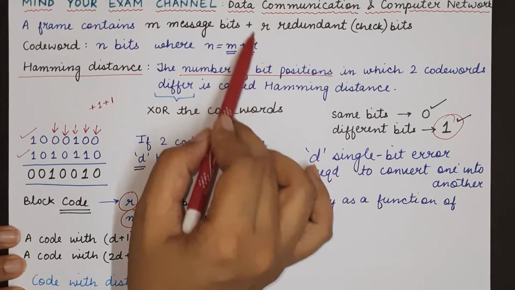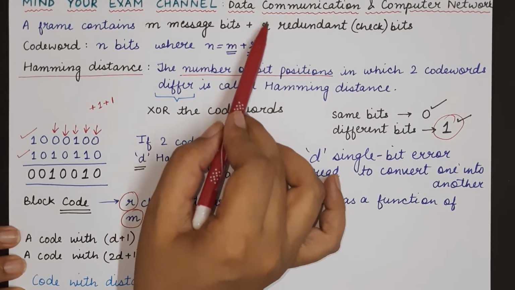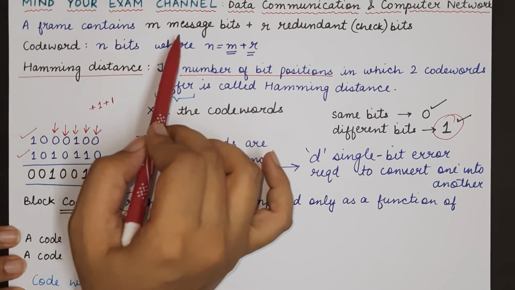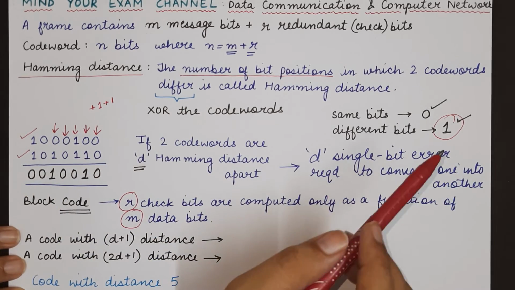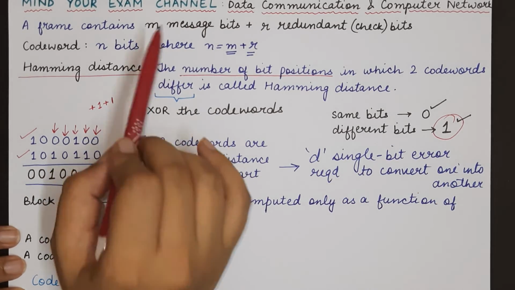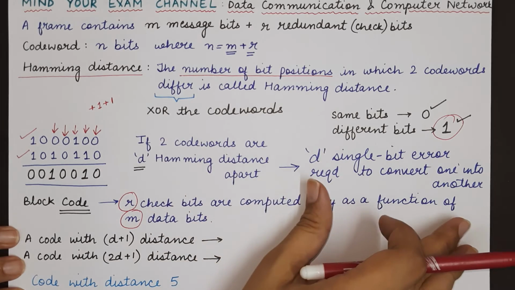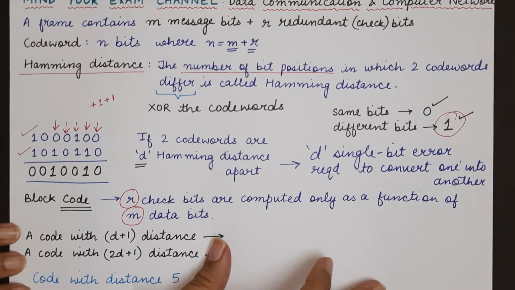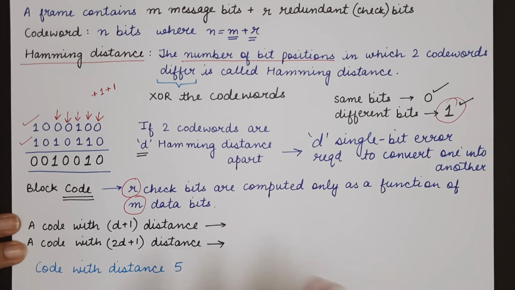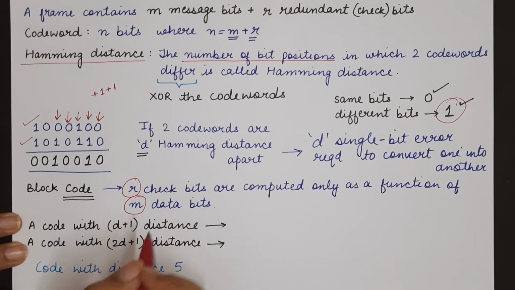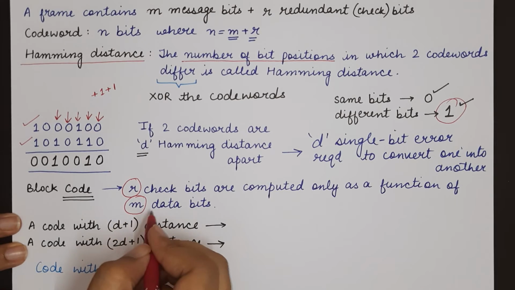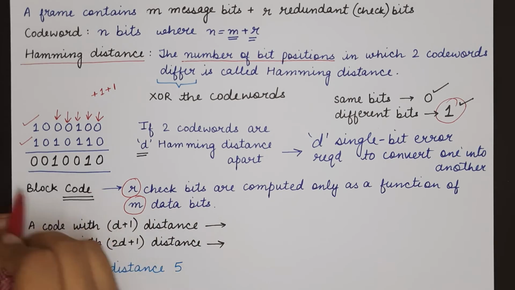When these R bits are computed only using the M bits, by applying any kind of function that uses only these M bits in some manner, then we say that the error detecting or correcting code that we are using is a block code. If the R check bits are computed using some other values besides the M data bits, then it is not a block code.